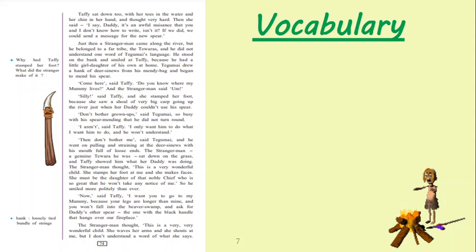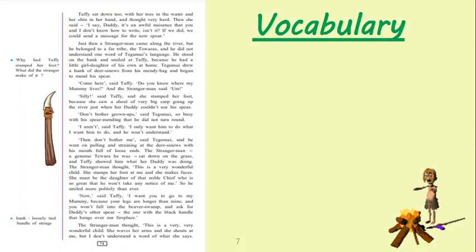Taffy sat down too, with her toes in the water and her chin in her hand, and thought very hard. Then she said, "I say, Daddy, it's an awful nuisance that you and I don't know how to write, isn't it? If we did, we could send a message for the new spear."